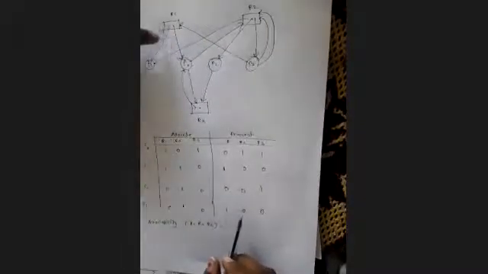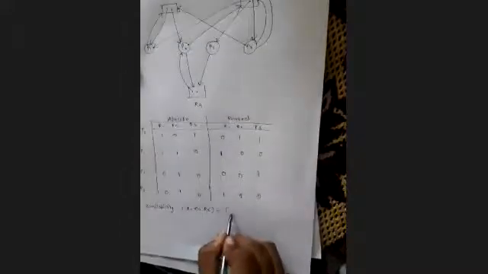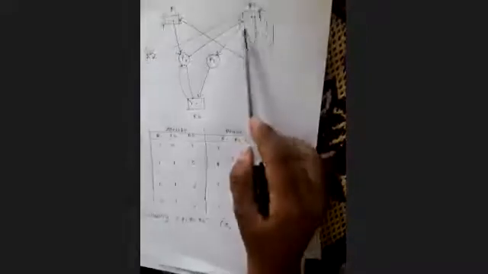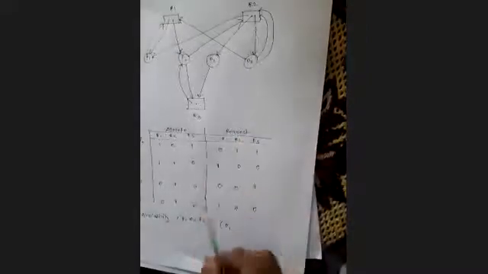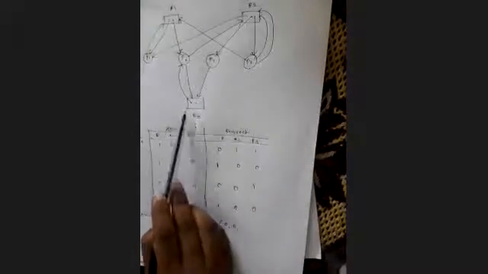From these two, both are allocated, so we can say 0 available. Then check for r2. There are three instances from which all are already allocated, right? So there is 0 availability. Check for r3. There are two instances from which only one is allocated, one is remaining, so we can write 0 0 1. So 0 0 1 is the current availability.